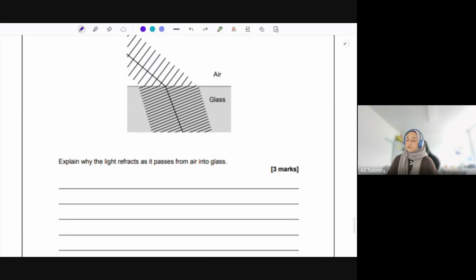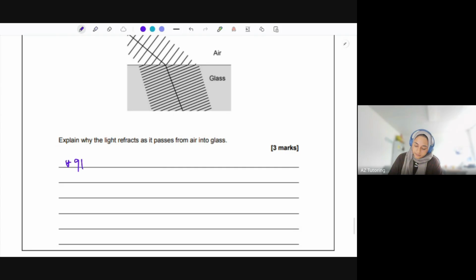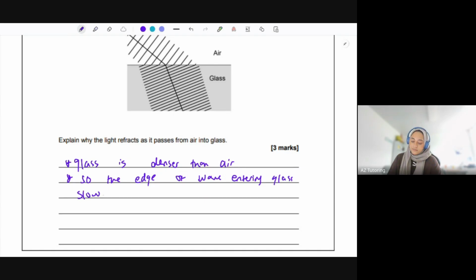Well, what's the difference between air and glass? You can say glass is denser than air. So the edge of the wave entering glass slows down. So there's basically a change in velocity.